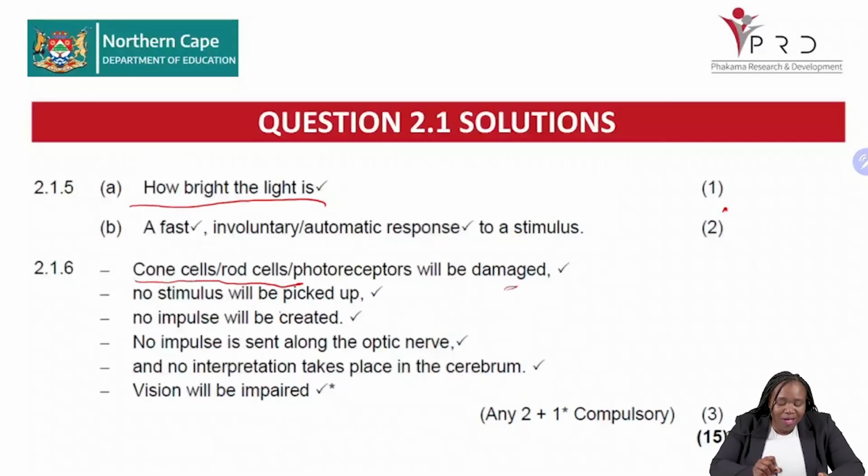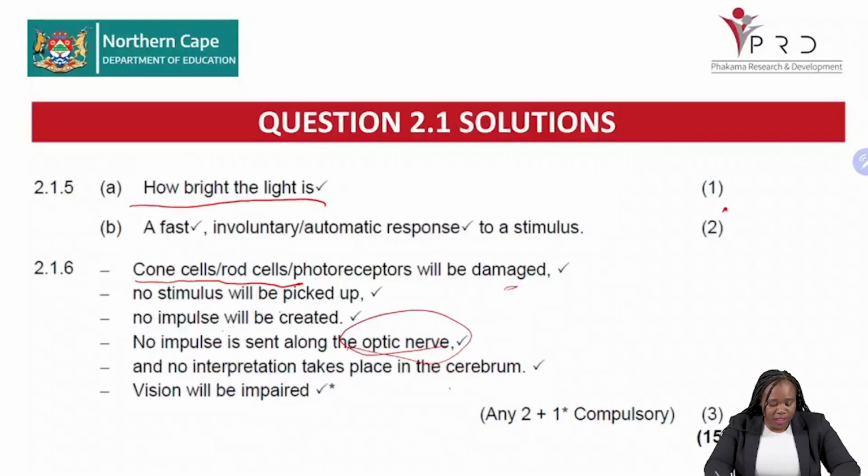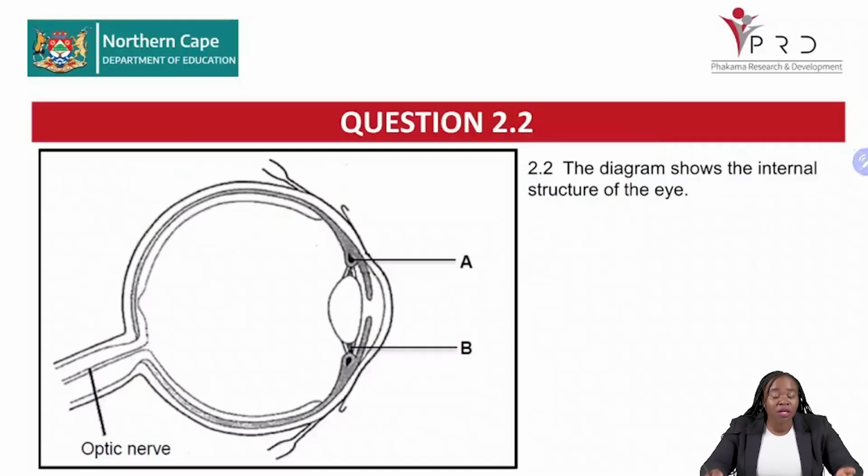So no stimulus will be picked up. There are no receptors to receive the stimulus. Therefore, no impulse will be created. No impulse will be transmitted to the cerebrum through the optic nerve. Remember, the impulses are transmitted through the optic nerve, and therefore vision will be impaired. This individual will not be able to see as the receptors are damaged.